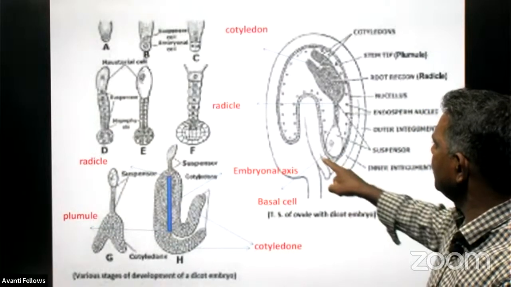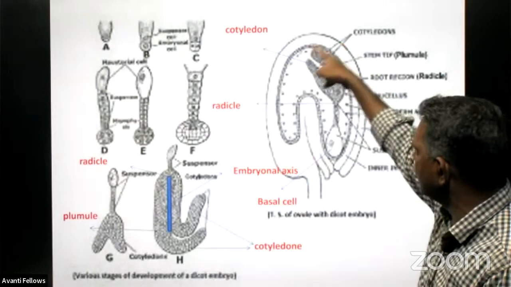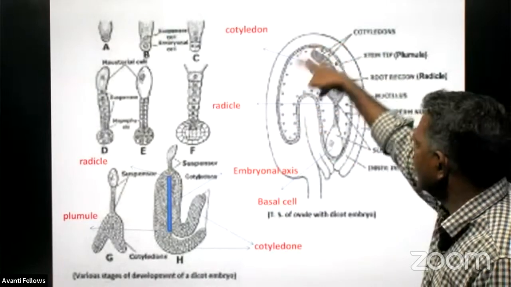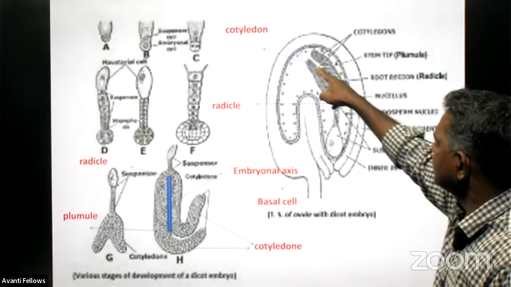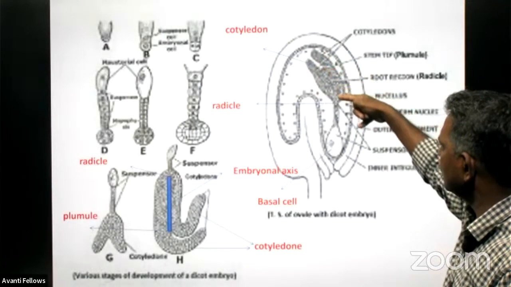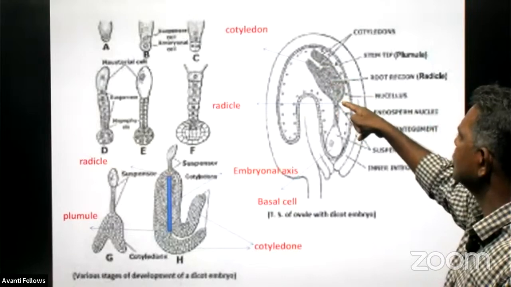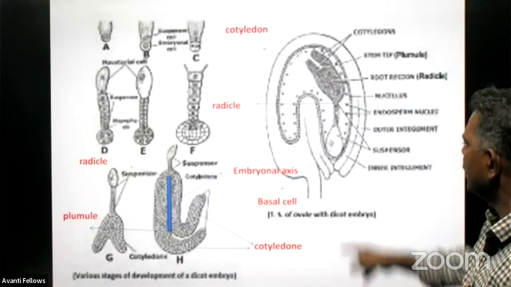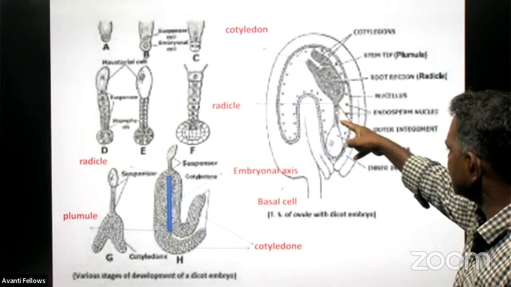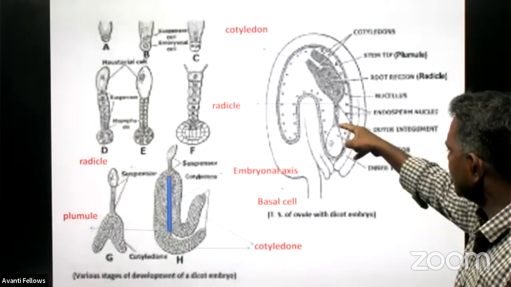And finally, this is the ovule, and inside the ovule the embryo is getting developed. These are the cotyledons, and this is the embryonal axis, consisting of both the plumule and the radicle. Here the plumule, here you can see the radicle, and this is the suspensor, and this one is the basal cell.